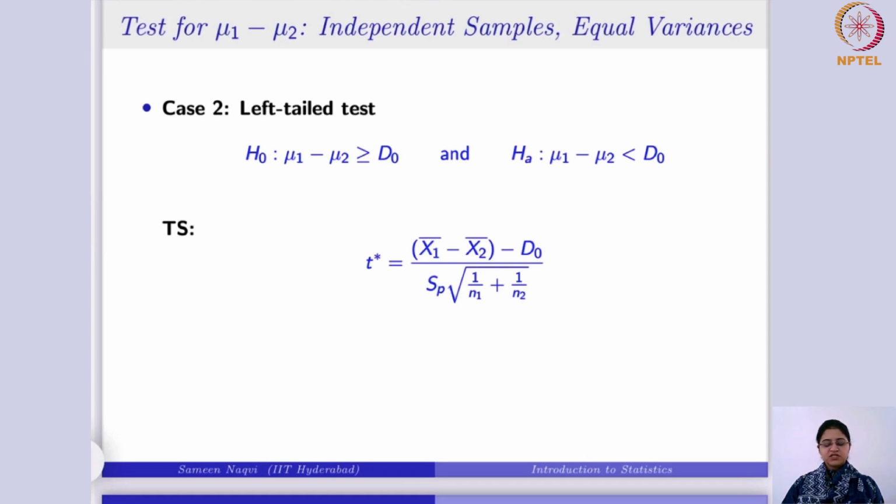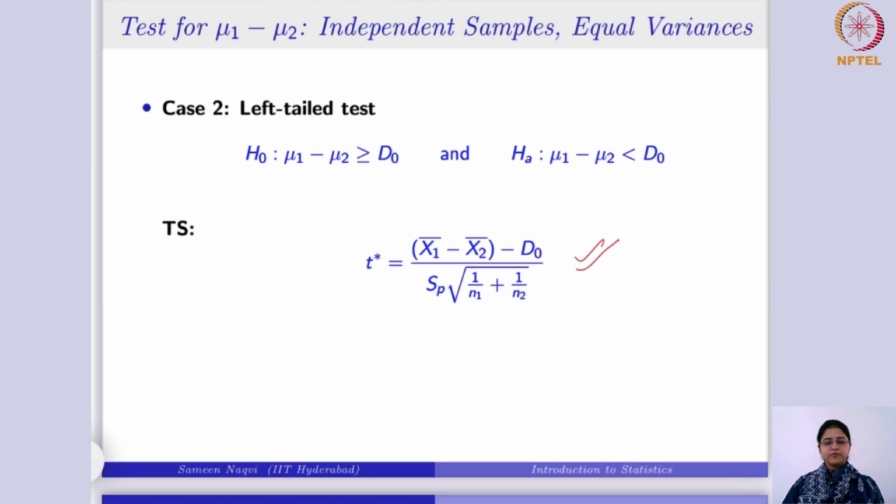Now again, the test statistic would remain the same whether you are constructing a right, left or two tail test. The difference comes in the way the hypotheses are framed, and your rejection region would change. The test statistic is the same because in all three situations we are considering independent samples but equal variances.